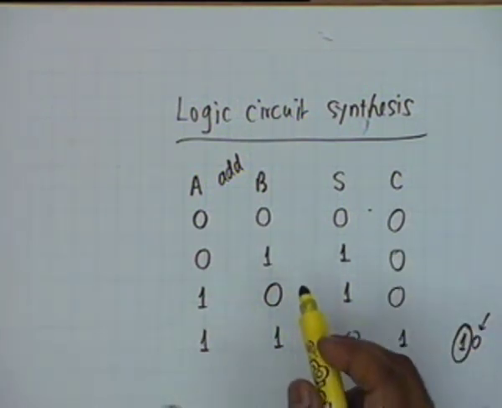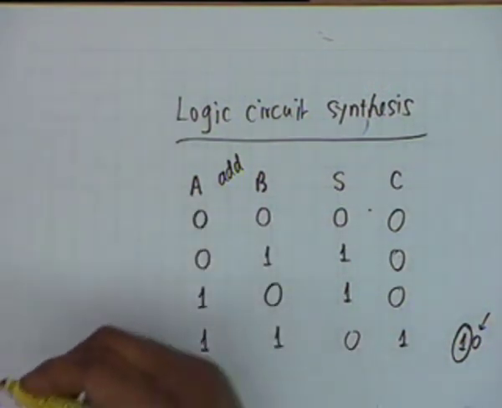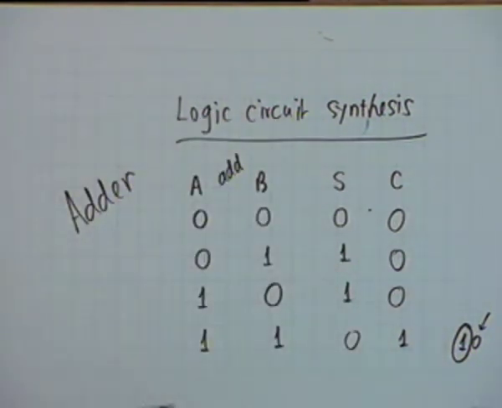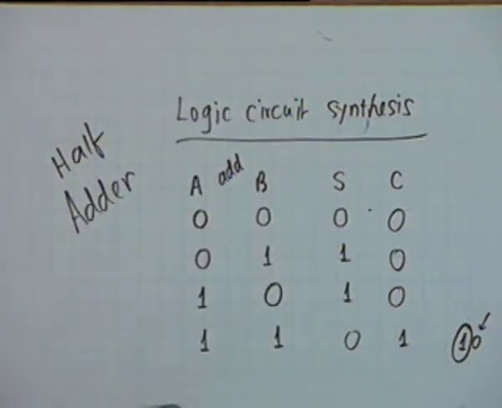We want to make a digital circuit for this purpose, and such a digital circuit is, for obvious reasons, called an adder. It is also given an adjective of half adder, because it does not consider the carry of the previous bit addition.